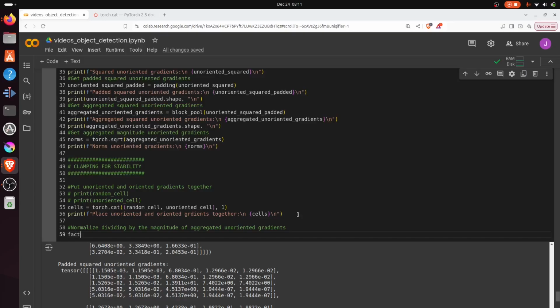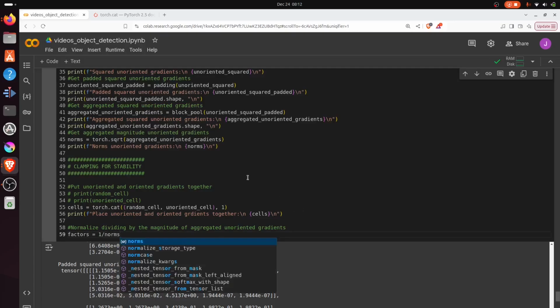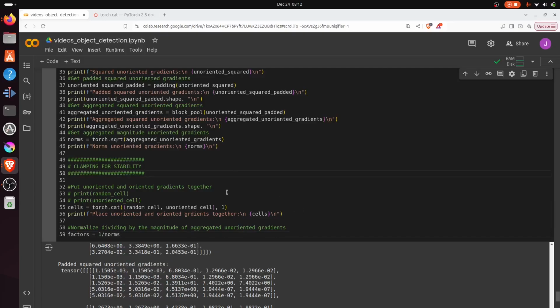So factors, and the normalization factor is going to be basically the inverse of the magnitudes of the gradients. Okay, so that is what we called norms. Great.